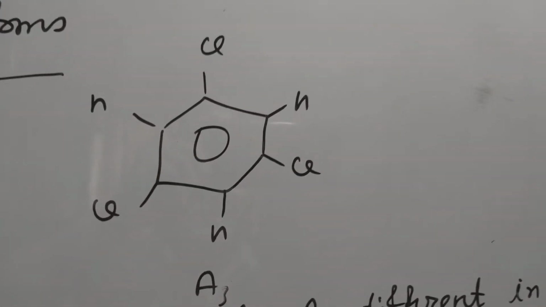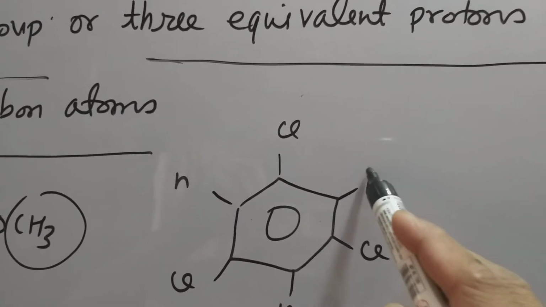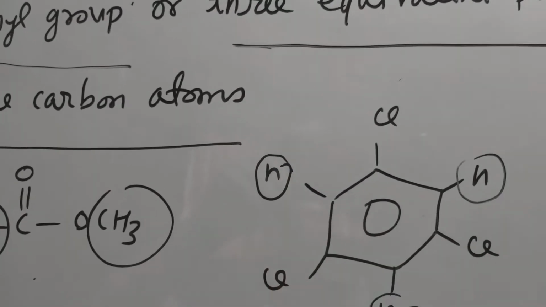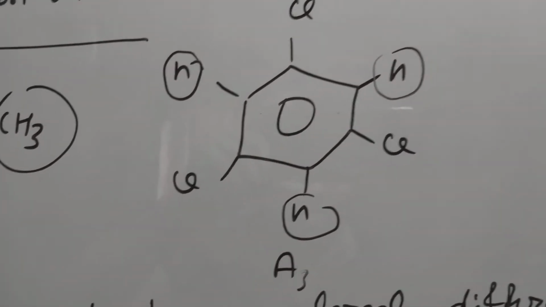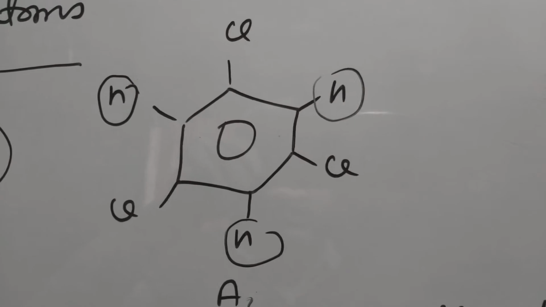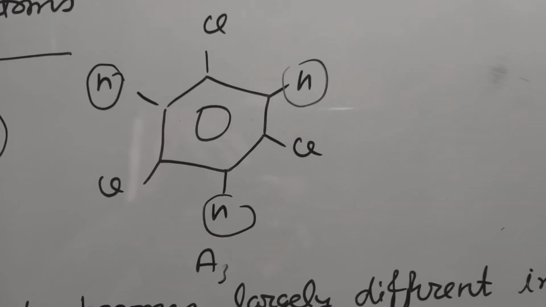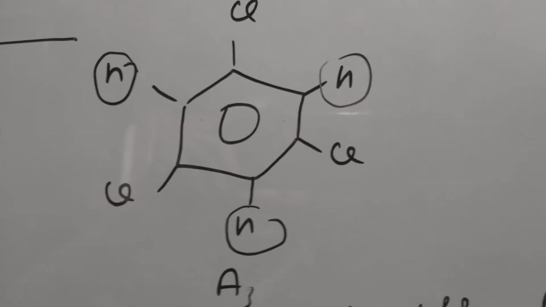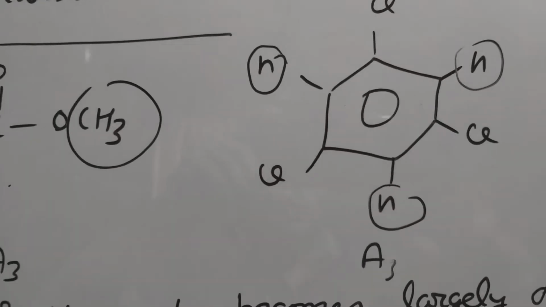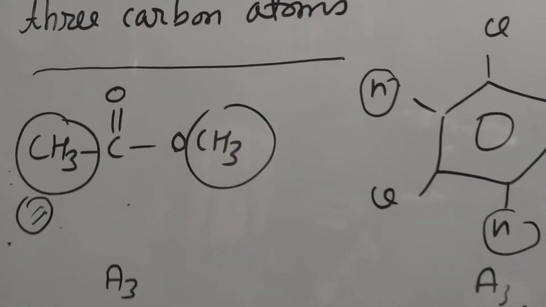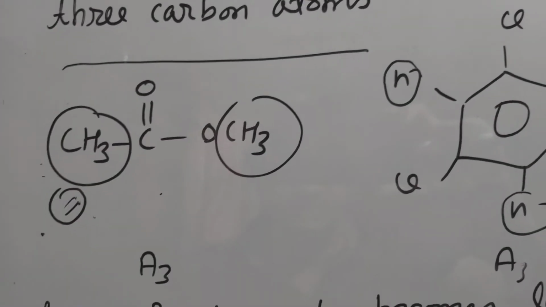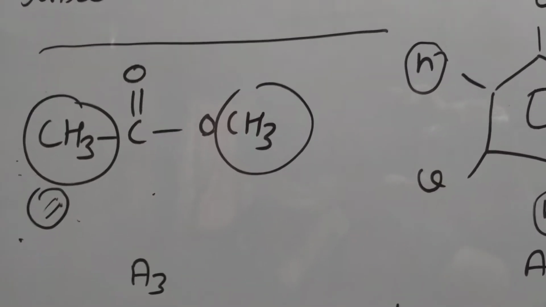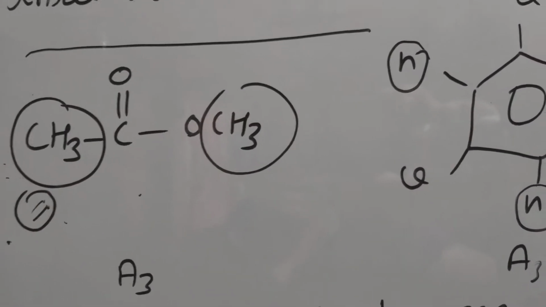Similarly, in the second example, there are three protons located on the benzene ring. All these three protons are chemically equivalent and they will give a single peak only. Hence, we term this type of three spin system as A3. A3 means a three spin system which has the same chemical shift value.